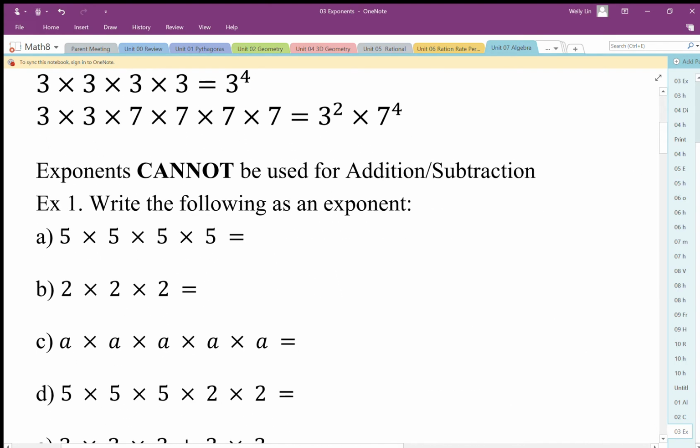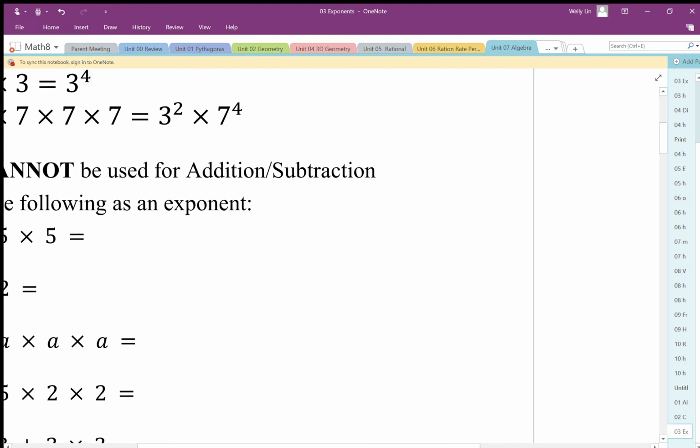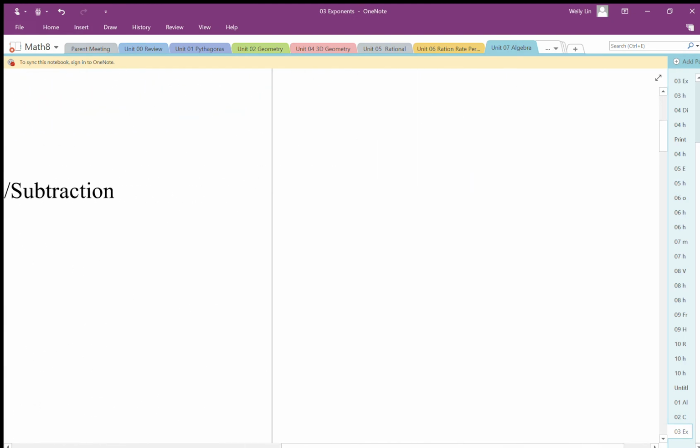And we cannot use exponents to express addition, subtraction. In fact, addition, subtraction, and exponents are incompatible with each other. This is important to recognize when we talk about the math of things. We have add and subtract. The next level is times and divide.